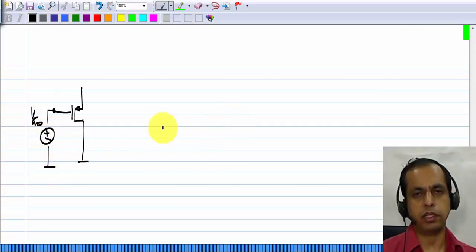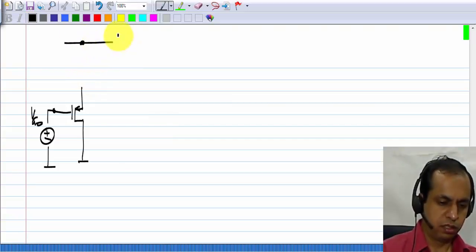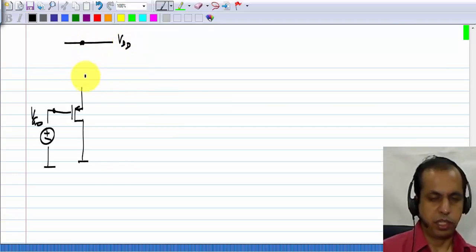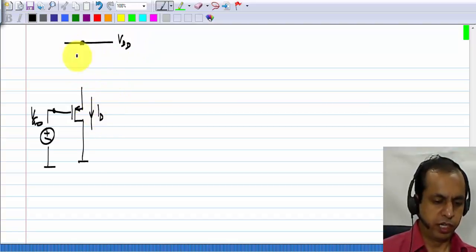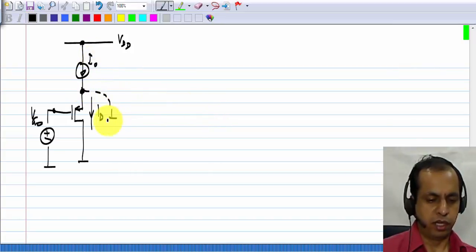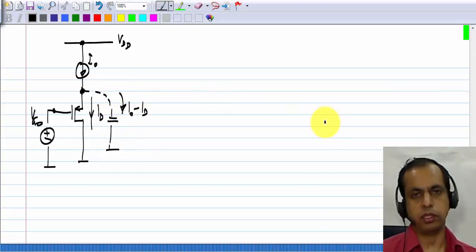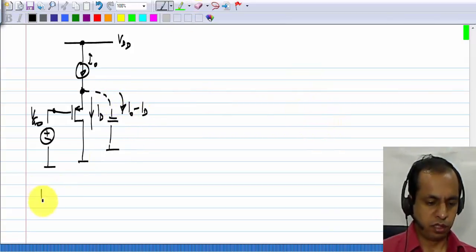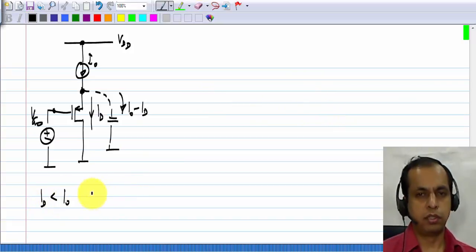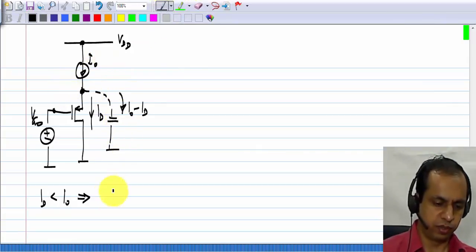Usually it's obtained using a resistive divider, and to sense the difference between ID and I0, we connect the current source to the source terminal, and any difference I0 minus ID will flow through the parasitic capacitor. So if ID is smaller than I0, this means that a current gets pumped into the parasitic capacitor and the source voltage increases.